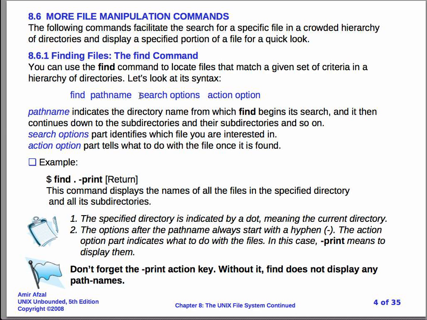And then you can have, this is optional, that is you can say what it is that you're looking for or not say it. In which case, if you don't say what you're looking for, it'll find everything. And then finally you had to say, or this is optional too, in the book they always have a minus print, but that was the way find used to work. Now you don't need that minus print anymore.